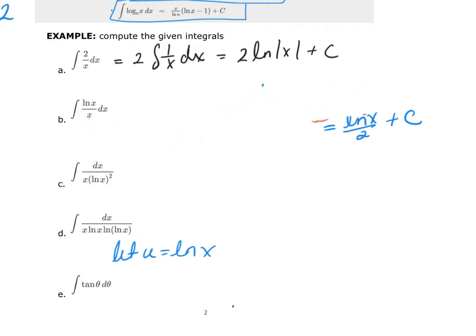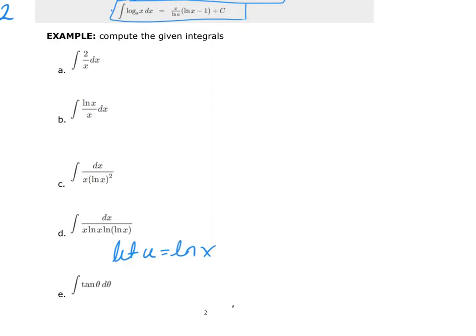So when you're doing these and you see natural log anywhere, it's almost always going to be a U substitution. And then it's just a matter of choosing the best U substitution. And just like when we were doing the trig identities, sometimes it takes us more than one run at it. So if I let U equal the natural log of X, then du is going to be 1 over x dx.